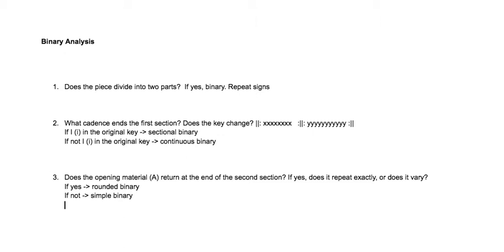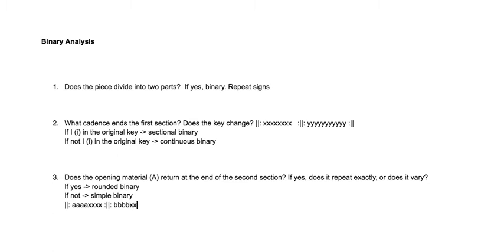And in slightly less common cases, what we see is an example like this. So let me give you an example. Let's say we have the opening section, and it starts with A's, and then it goes into X's. That's the first section. And that first section gets repeated. And now we move into the second section. It starts with B's, which is contrasting, a symbol we use to show the contrast from the previous section.